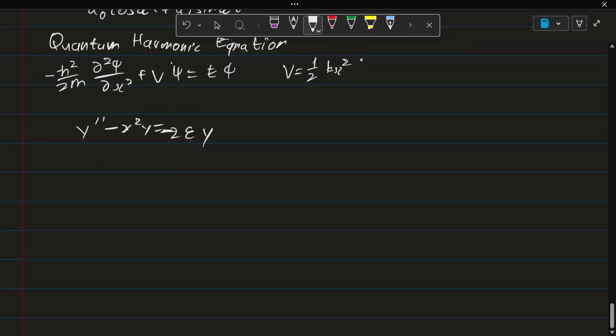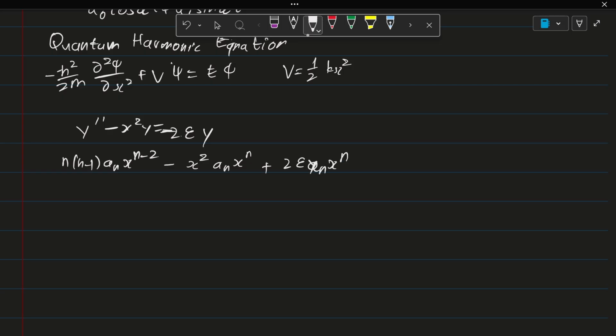So let's do this. This would be n(n minus 1) a_n x to the power of n minus 2, minus x squared a_n x to the power of n, equaling negative 2 epsilon y. Sorry, so it will be just plus then, plus 2 epsilon a_n x to the power of n.